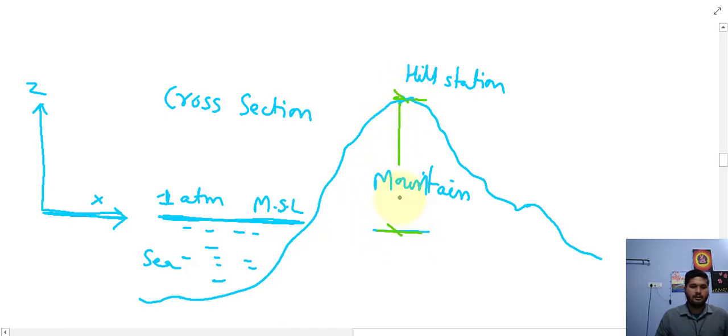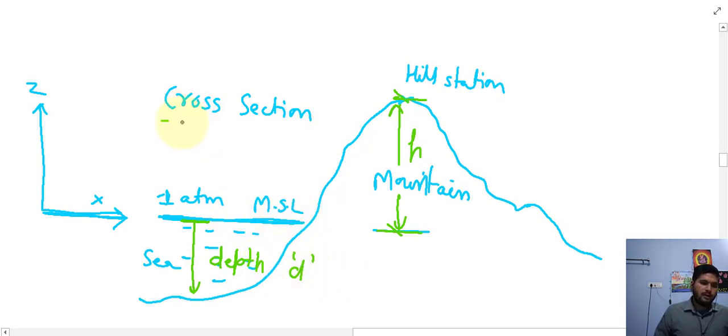This height is always measured from mean sea level, and this sea depth is equal to depth, and this depth is also measured from mean sea level. So while we are talking about the cross section of sea, there are two terms: what do you mean by height and what do you mean by depth? Depth is always in the negative direction.